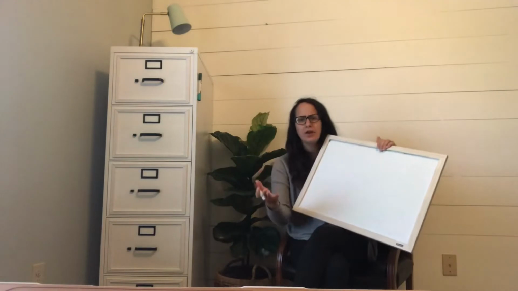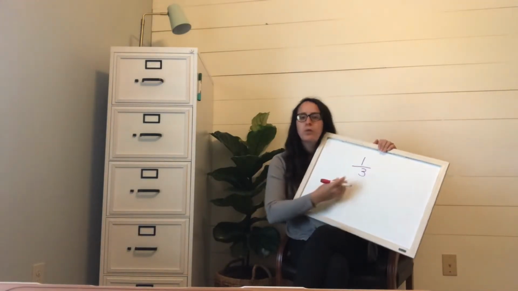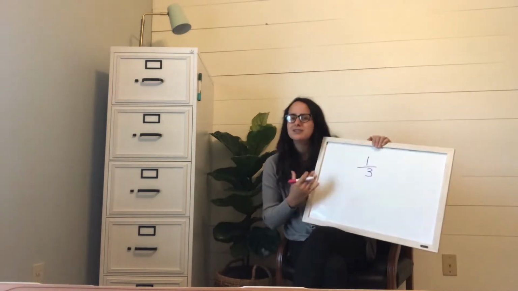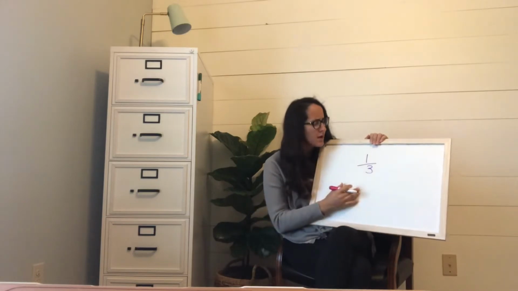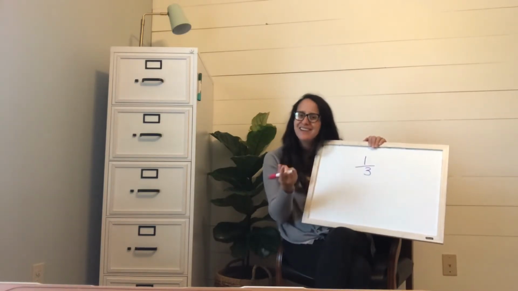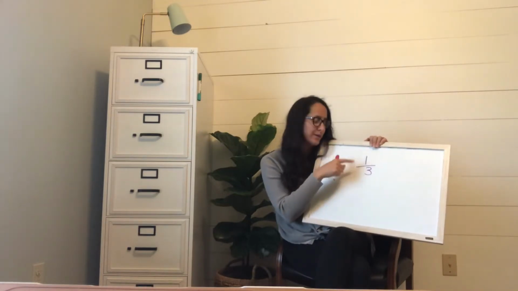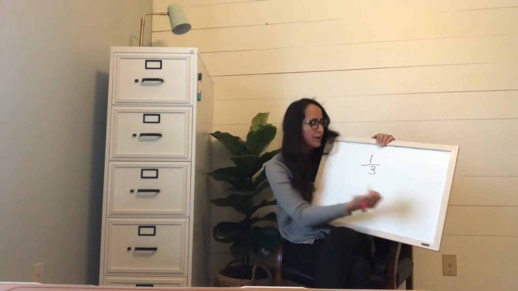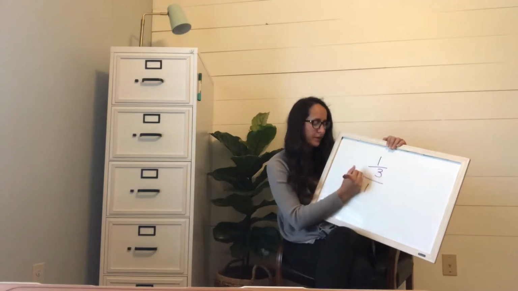I'm going to start off with an example, and some of you probably already know what this is. We're going to start off with 1/3, and we want to write 1/3 as a decimal. So how do we write a fraction as a decimal? Yes, this is what we did last week, where we take the numerator and divide it by the denominator. So we're going to have 1 divided by 3.